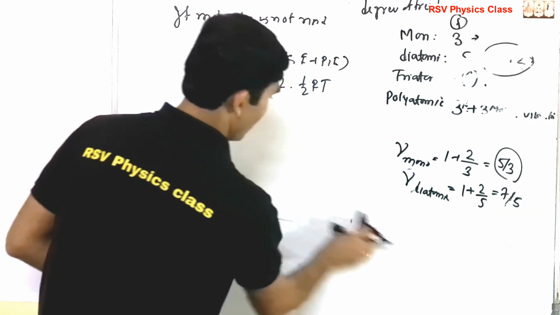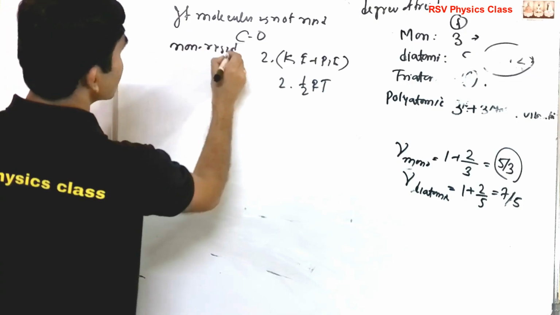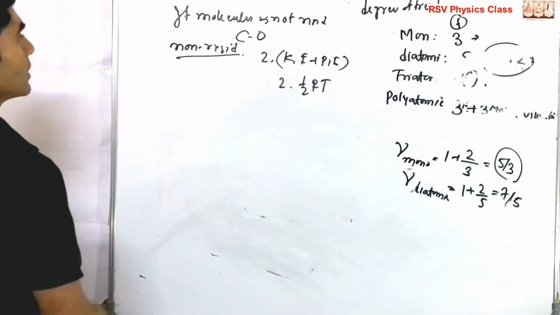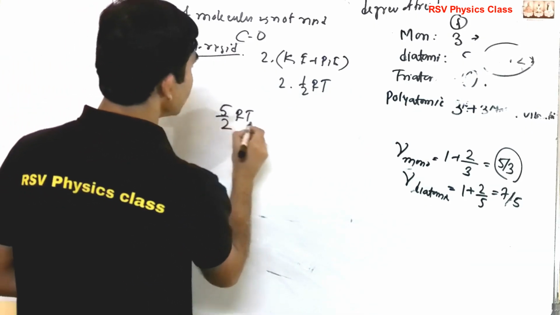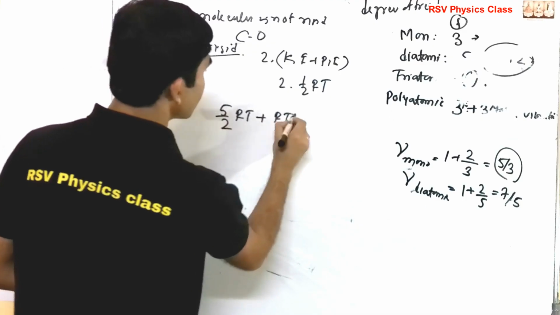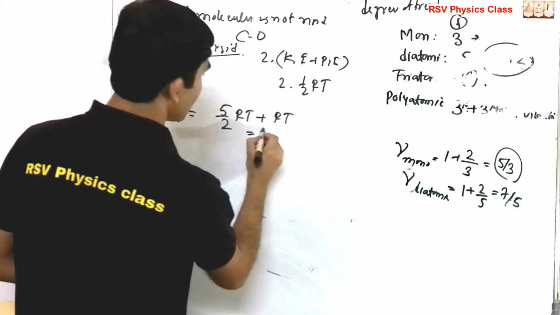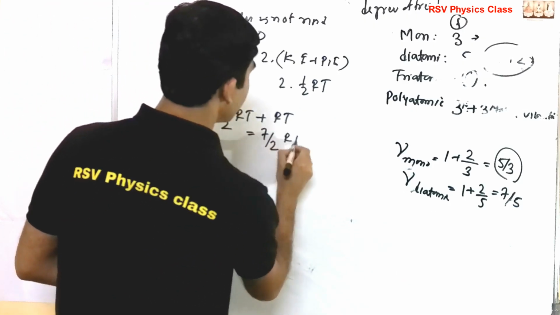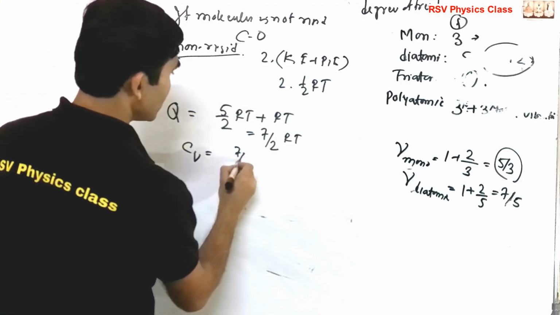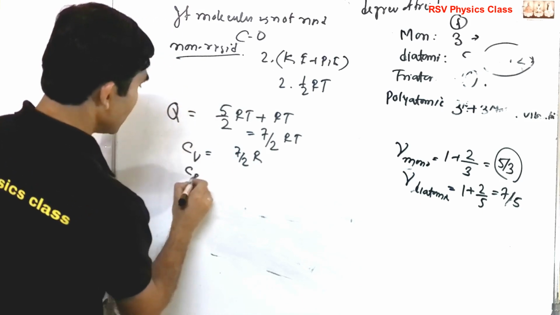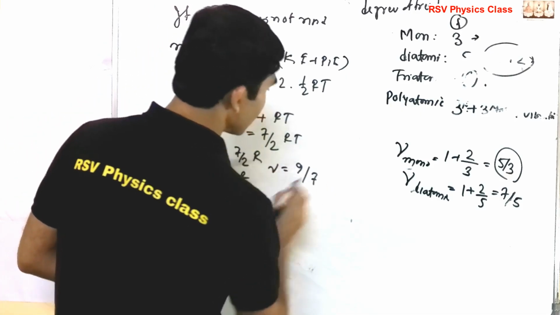So for non-rigid, let's calculate for non-rigid diatomic molecules. In the diatomic molecule case, it is 5/2 RT plus this RT. So the total energy is 7/2 RT. So Cv equal to 7/2 R, Cp equal to 9/2 R, gamma equal to 9/7.